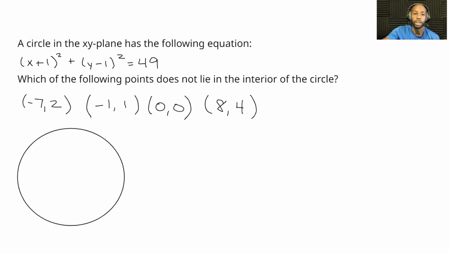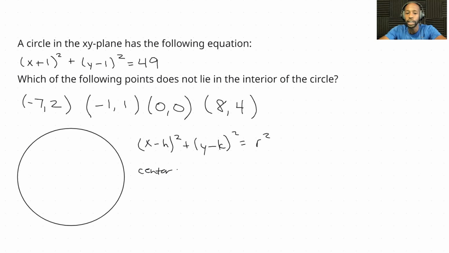Now, check it out. This is the equation here. What you have to remember is that the equation for a circle generally follows this format: (x − h)² + (y − k)² = r², where the center of the circle is located at (h, k), and r stands for the radius, which means you take the square root of whatever that number is to get the radius.